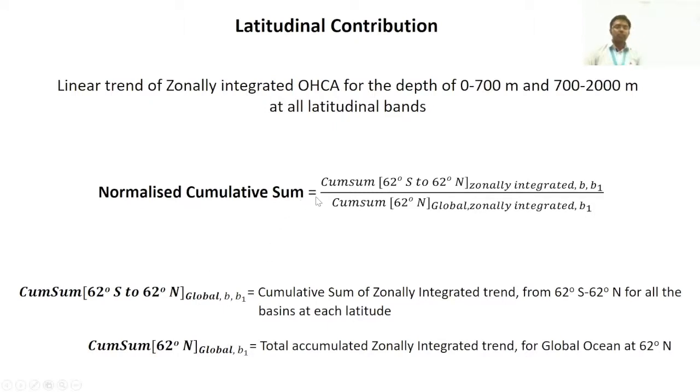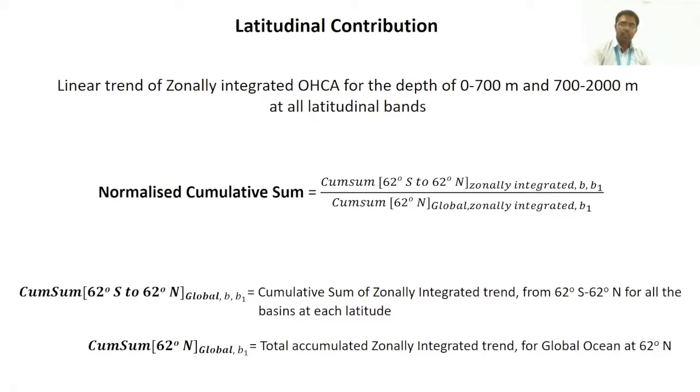It is the cumulative sum from the southern hemisphere to the northern hemisphere within the Argo domain, from 62 degrees south to 62 degrees north. It is the zonally integrated regression coefficient, that is B and B1, normalized by the total heat accumulated at 62 degrees north, zonally integrated from the multilinear regression analysis, that is B1.